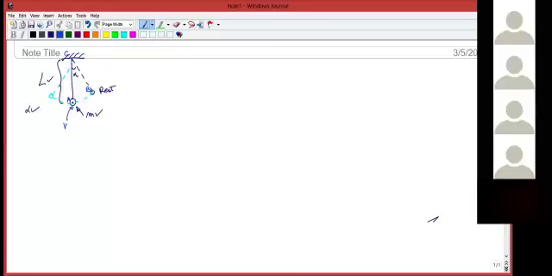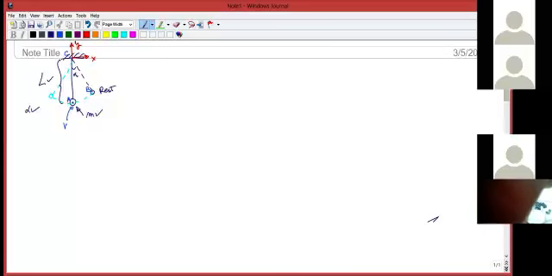So just so that we get good habits, every time you're facing a pendulum, pick the origin of your coordinate system at the axis of rotation. So in this case, I'm going to pick a coordinate system at point C. And remember, as we do energy, we always have to pick the positive y vertically and up. Okay? Questions so far?